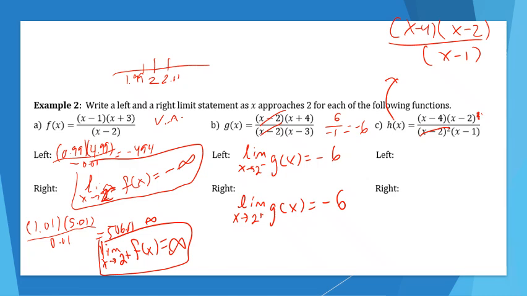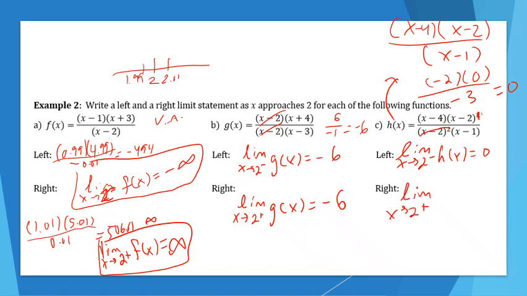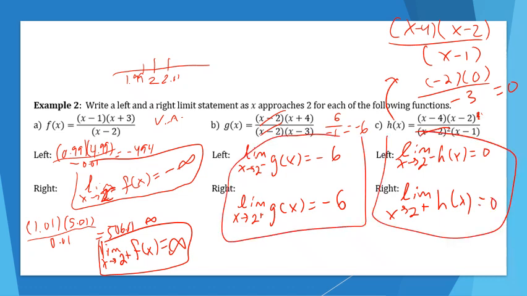So on the left, plugging this in, you then get negative 2 times 0 over negative 3, which should just equal 0. So this is going to be our limit. The limit as x approaches 2 minus of h of x equals 0. And then the limit as x approaches 2 plus of h of x equals 0. And those should be our limit statements for those three there.